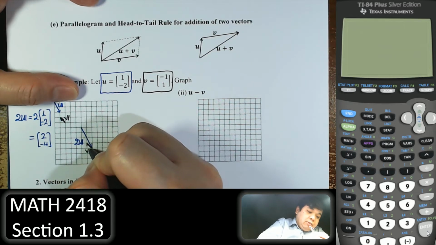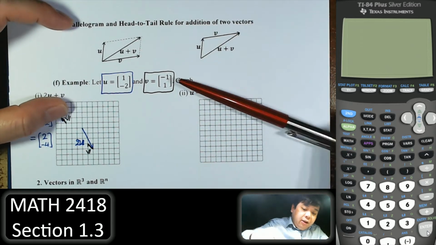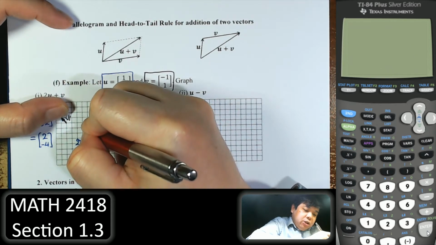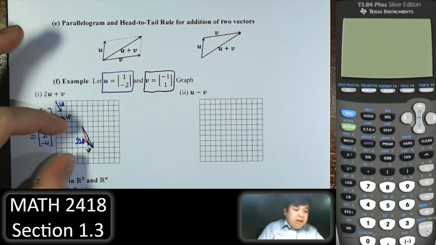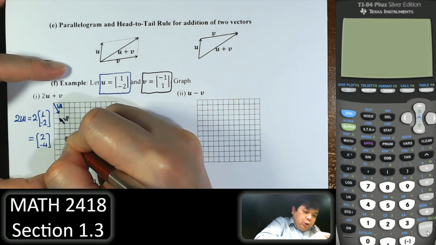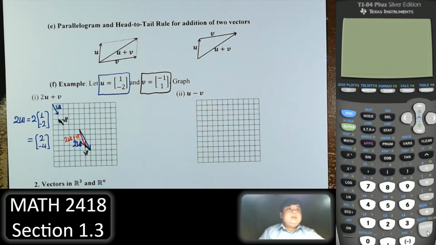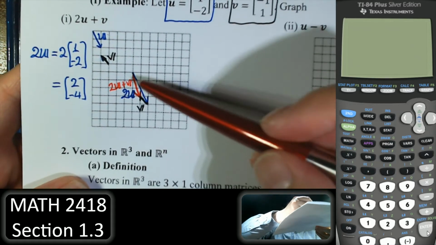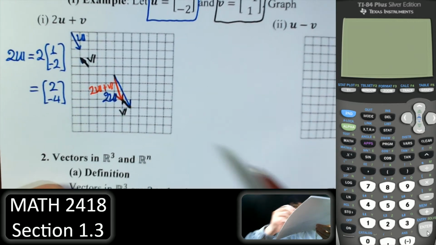So this is v, and the result is going to be 2u plus v. Maybe you see, again, 2u, and then head-to-tail method. I draw 2u first and then v, and that is the result.